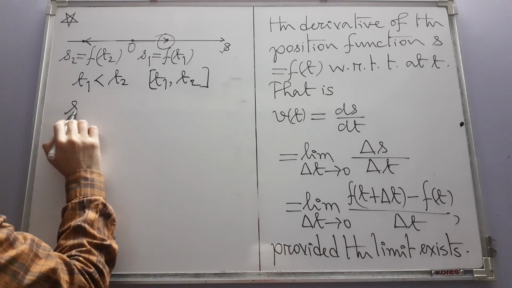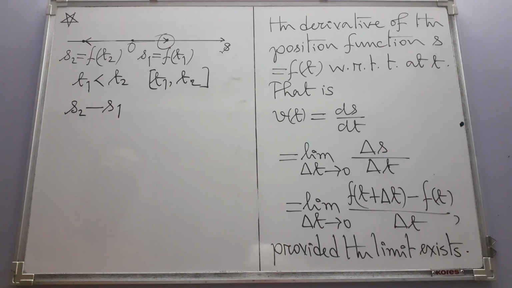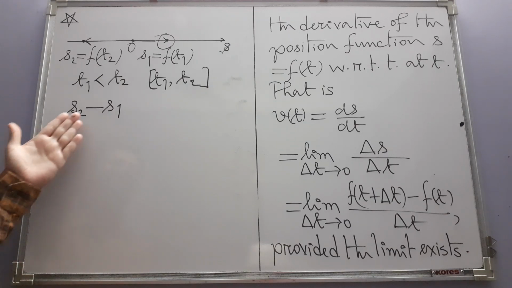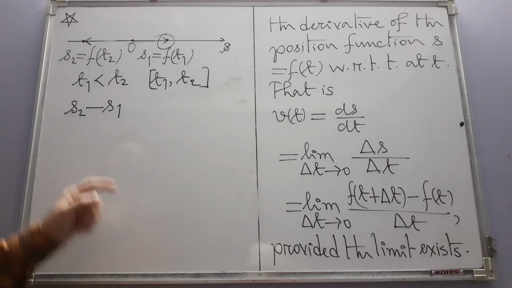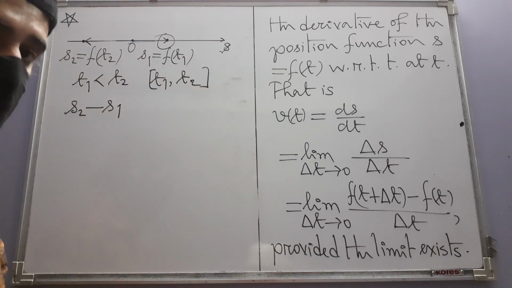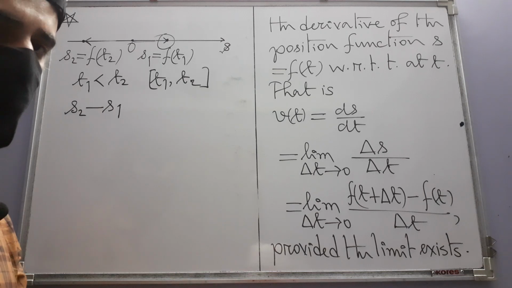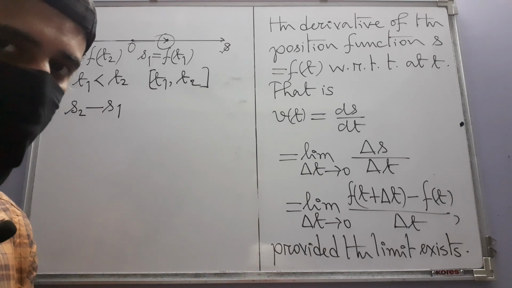This is S2 minus S1. Now you can think of S2 minus S1 as just the difference of these two real numbers, but you can also think of them as the difference of two vectors, if you already are familiar with vector addition and vector subtraction.